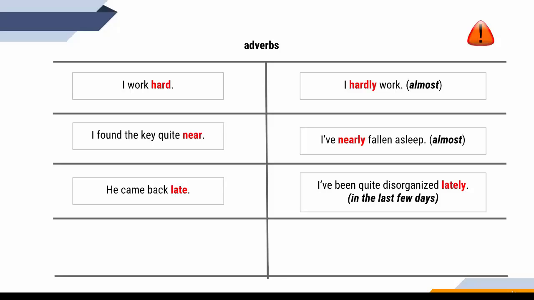It means that it was, for example, 12 o'clock at midnight. He came back late. I've been quite disorganized lately. You see, there is nothing to do with the original meaning of late. Lately, you know it. Recently, lately, yes, from there. Marker for present perfect.